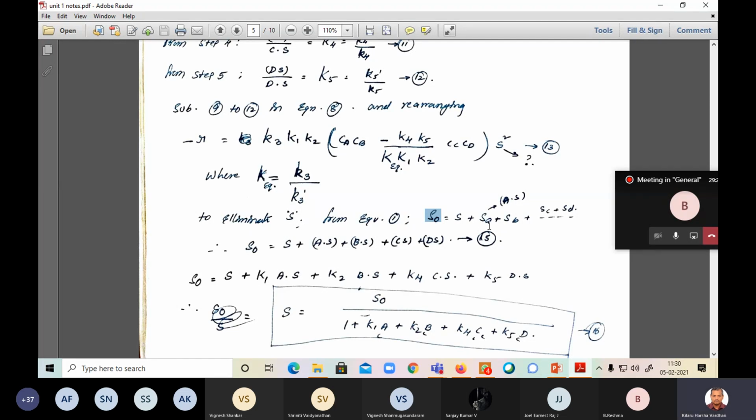Now what is SA? SA is nothing but the active site which is absorbed by A molecule, and SB the active site which is absorbed by B molecule. So we can write SA as A dot S, SB as B dot S, SC as C dot S, DS like that.